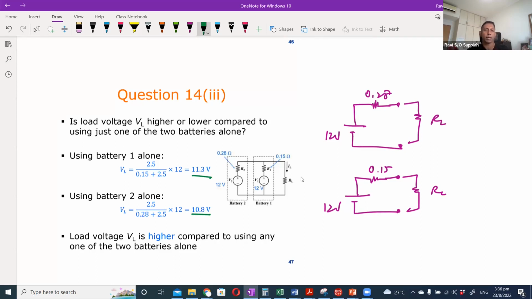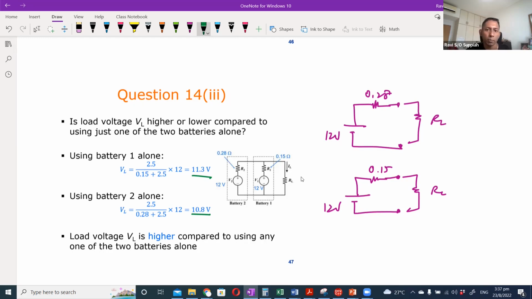And why it makes sense is because when you have multiple resistors in parallel, the effective resistance will always be smaller than the smallest resistance. So when I do an effective voltage divider, the voltage to the load will always be higher.